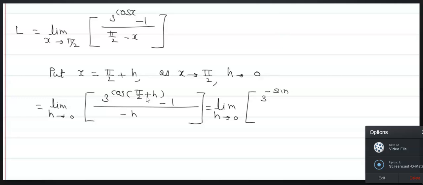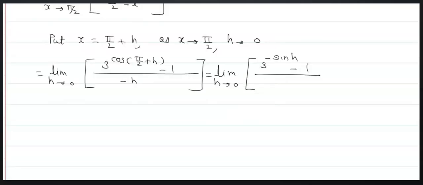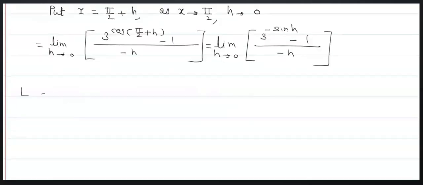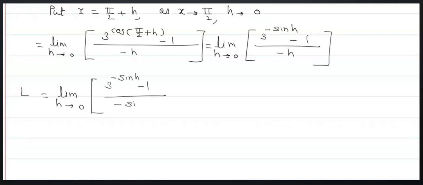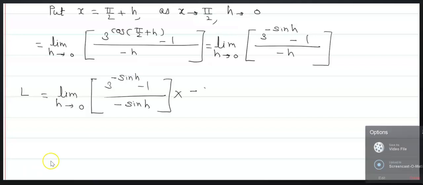That is 3 raised to minus sin h minus 1 upon minus h. That is, limit h tends to 0, 3 raised to minus sin h minus 1 upon minus sin h, because whatever the exponent is, that is what we require here. The minus sin h is adjusted here, and upon this minus h.